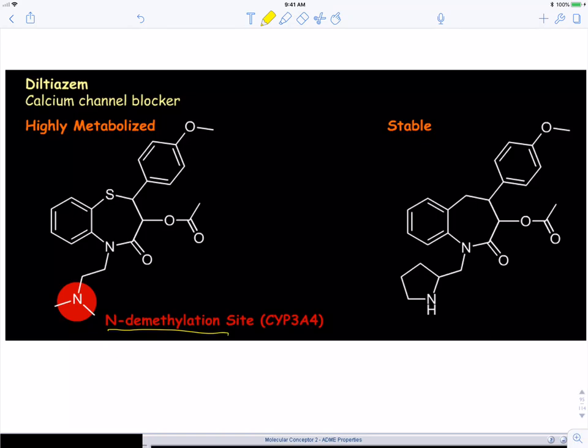And to avoid that, we simply insert the tertiary amine into a ring system, changing it into a secondary amine, and therefore increasing the stability to cytochrome P3A4. So with that, we talked about metabolism, and we looked at a few ways in which metabolism can be our friend or our foe, and how we can alter the structure of the drug to take that into account.